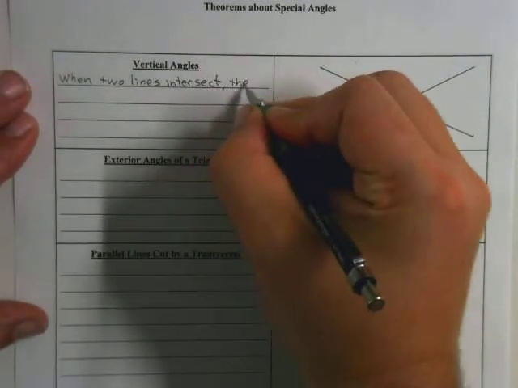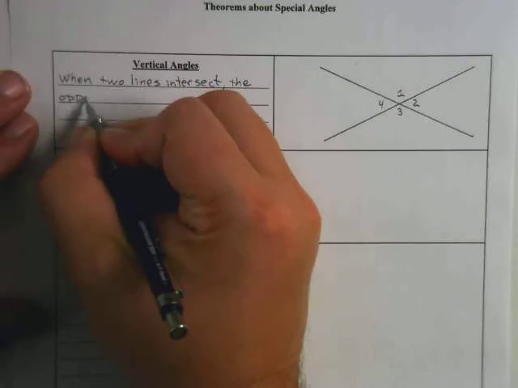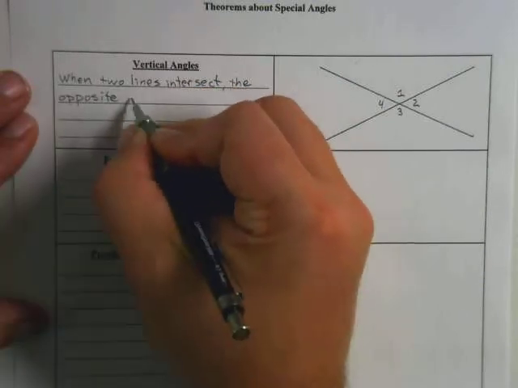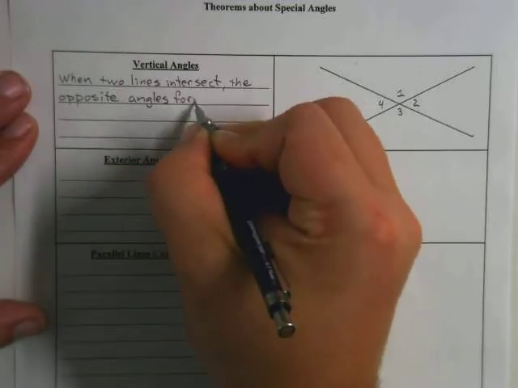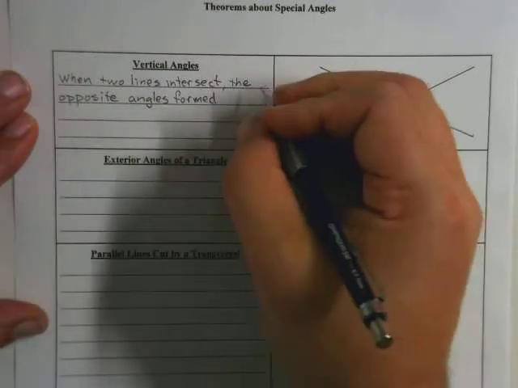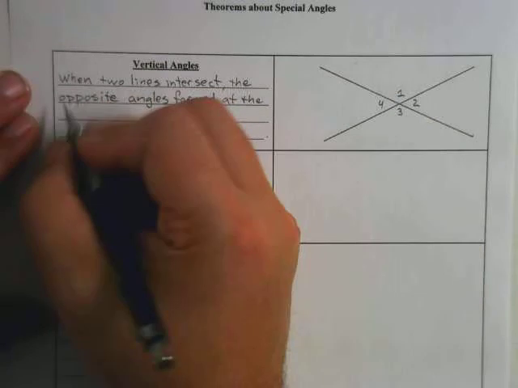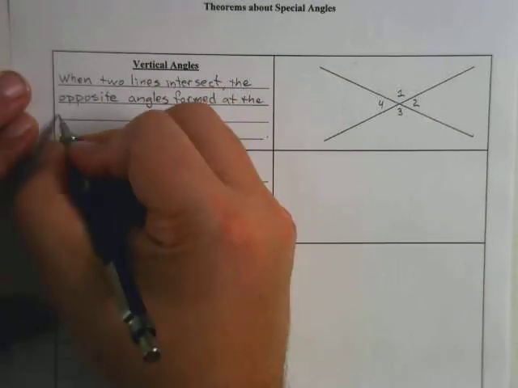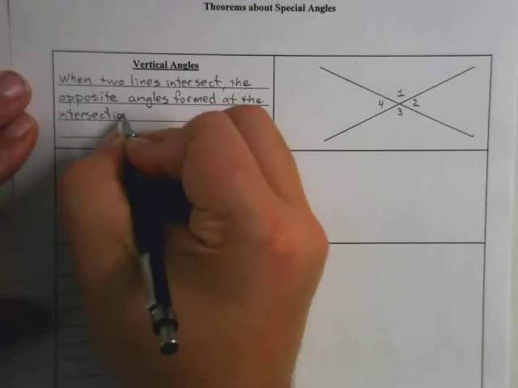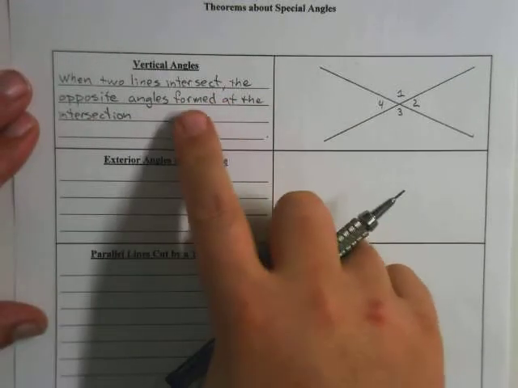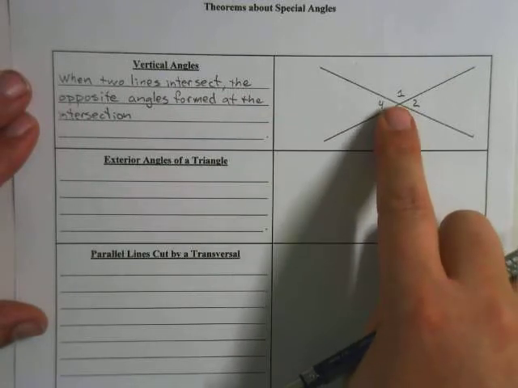The opposite angles formed at the intersection. So what I mean by the angles opposite formed at the intersection is where these two lines cross.